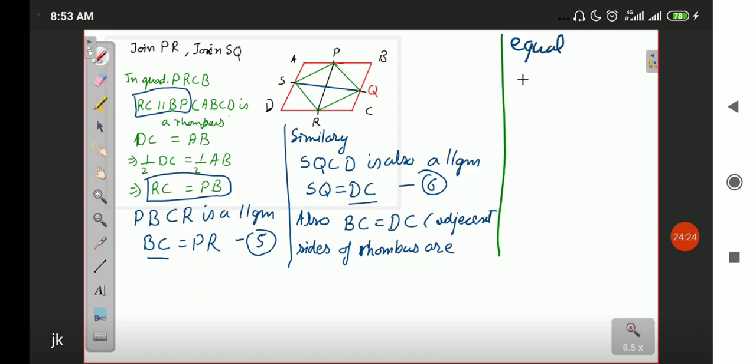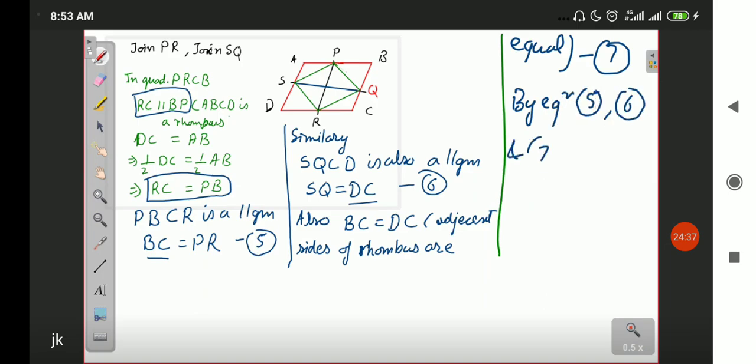Therefore, this will be equation number 7. By equations 5, 6 and 7, we can conclude that this PR length and this SQ length are equal. PR is equal to SQ.